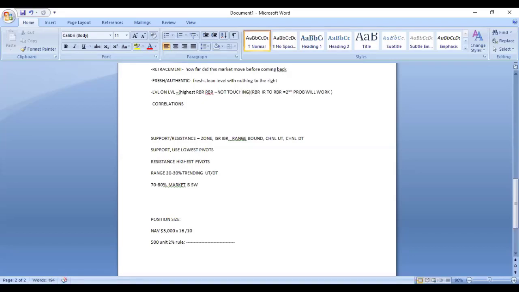I'm going to take my account size, which can be $5,000. Let's add a lot more zeros though. What I want to do is measure out what my risk is on a trade.